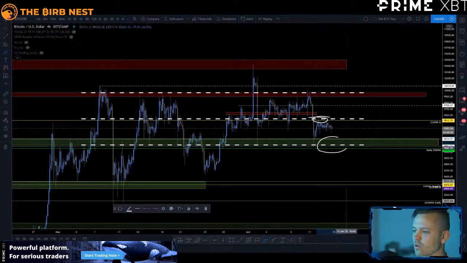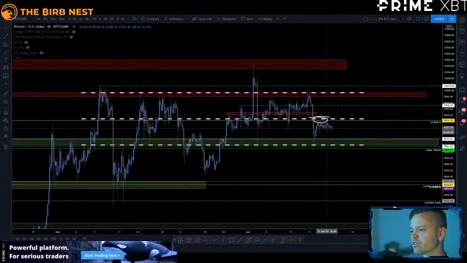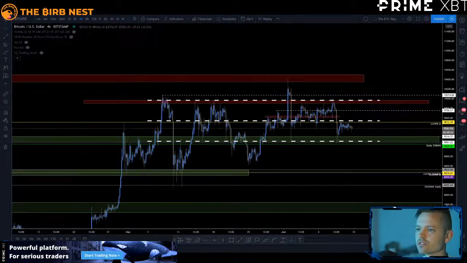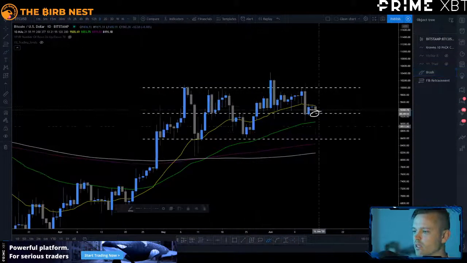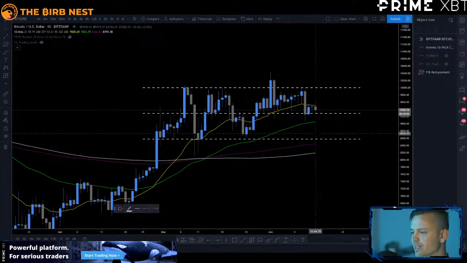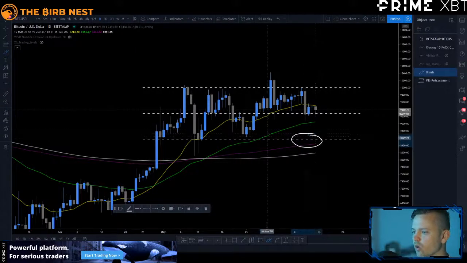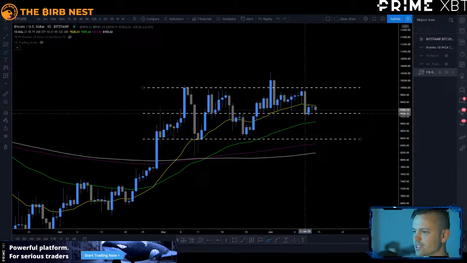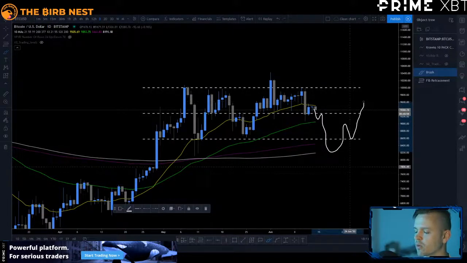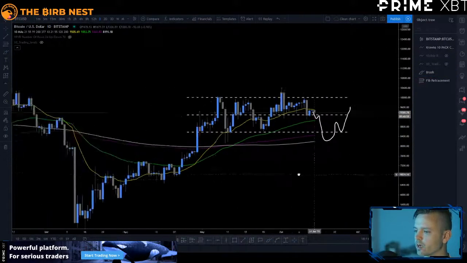lose range low on this one, and that's when I think it's going to become dangerous for Bitcoin, because that's also when we run the risk of heading down to range low. And it's critical for Bitcoin to really hold range low, because if we see this type of move, we are going to see a break in market structure, right?